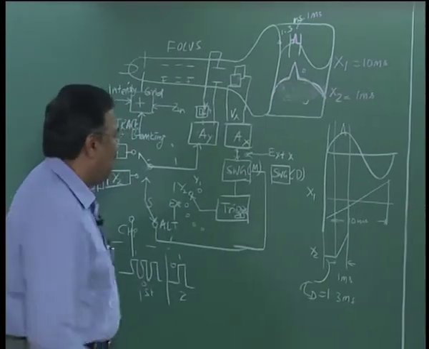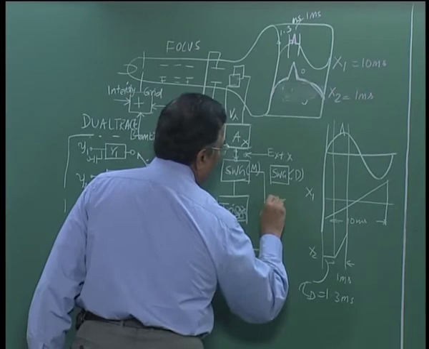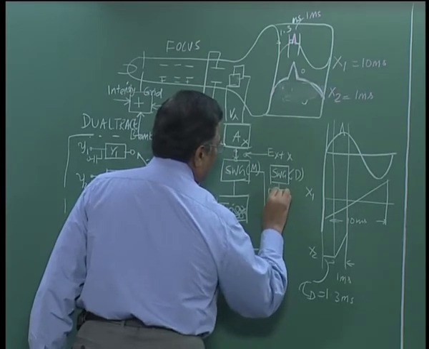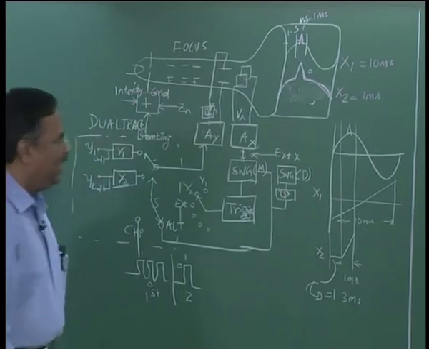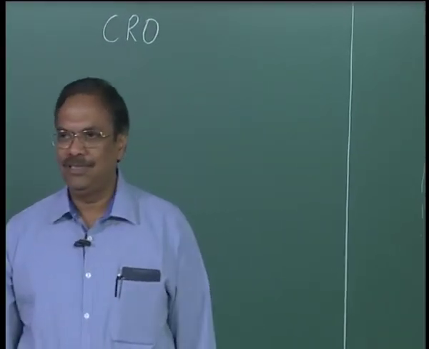So I must have from the sawtooth waveform a delay circuit, this is tau d, and then start the delayed sawtooth.